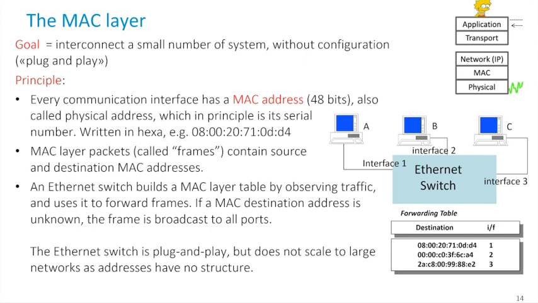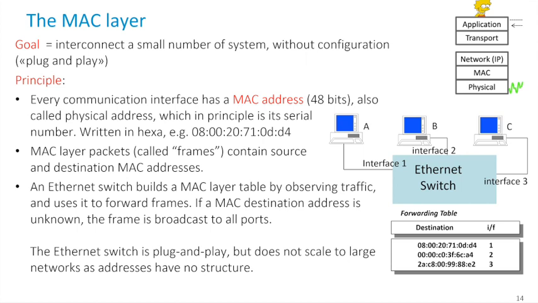An Ethernet switch has a MAC forwarding table, very similar to the IP routing table of a router, but there is a big difference. That's an exhaustive list of all the MAC addresses of all the systems that are reachable in this environment by this MAC layer system.